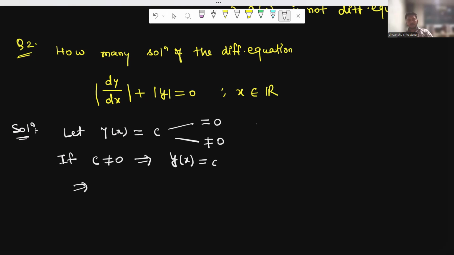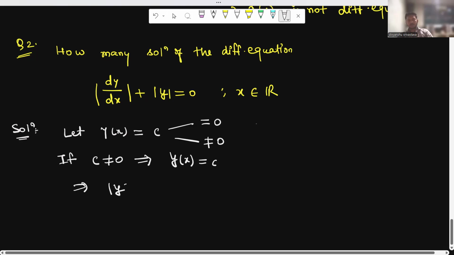And therefore it implies modulus of y is greater than 0. Therefore it implies dy upon dx is equal to 0. Okay.